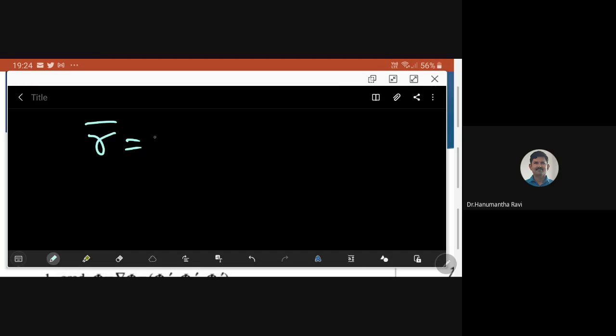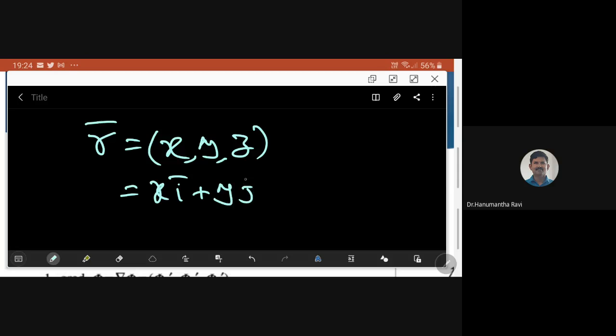So here r bar is written like this. Sometimes we write like this, and sometimes we also write like this. I bar is the unit vector along the x direction, j bar is the unit vector along the y direction, and k bar is the unit vector along the z direction.